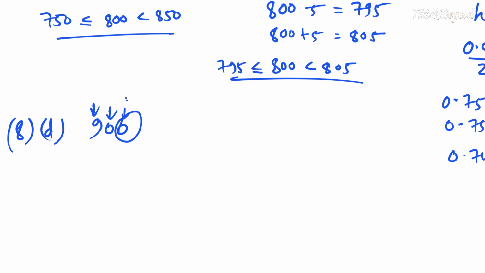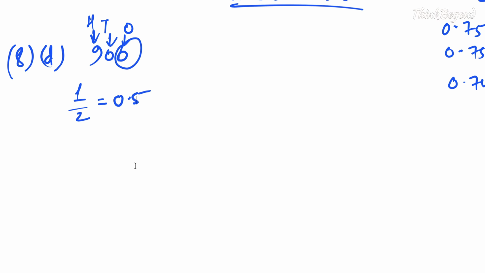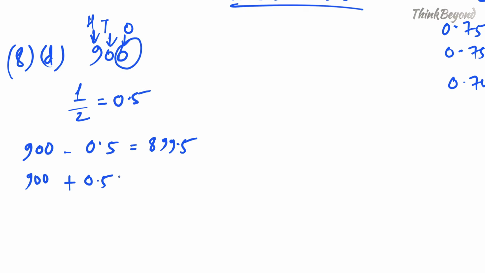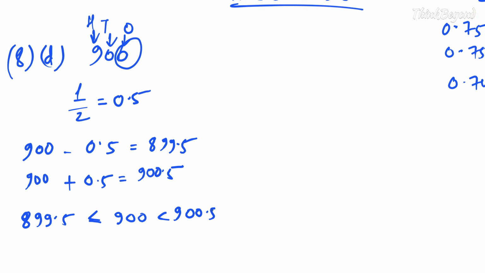Ones, tens, and hundreds, right? So half of 1 is 0.5. Now calculate it. 900 minus 0.5 is 899.5. 900 plus 0.5 is 900.5. So the inequality will become 899.5 ≤ x < 900.5.